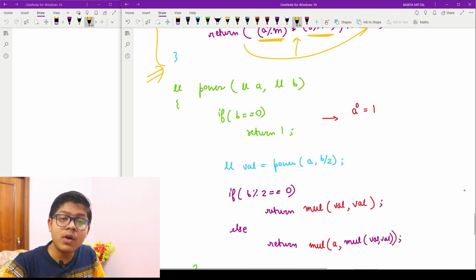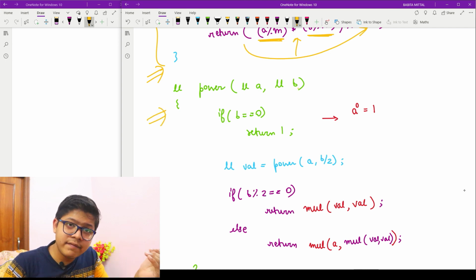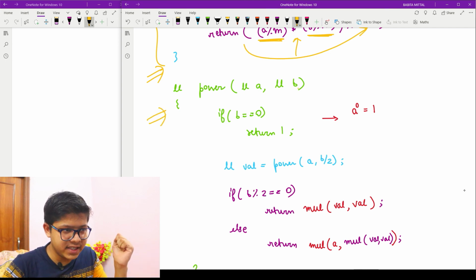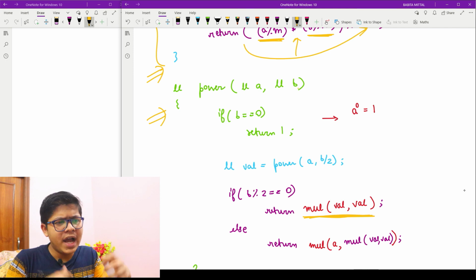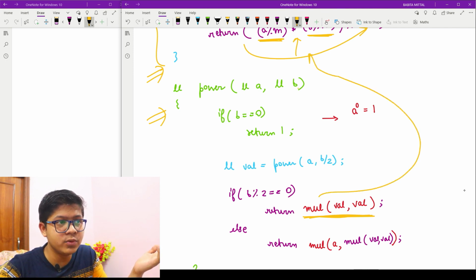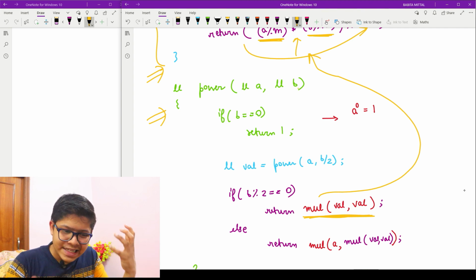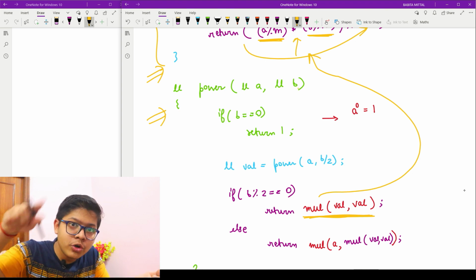Very fine. Now I wrote the same code here which I wrote above. The only thing different is that instead of multiplying value into value by hand, I'm using my function to multiply, so instead of multiplying the numbers raw, I will use the multiply function which does multiplication modularly.